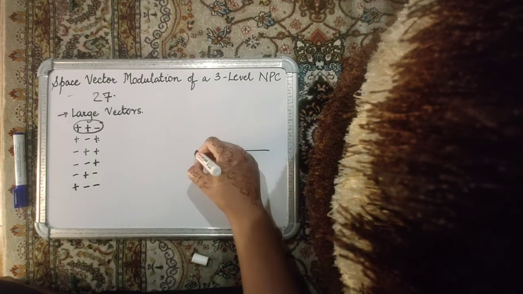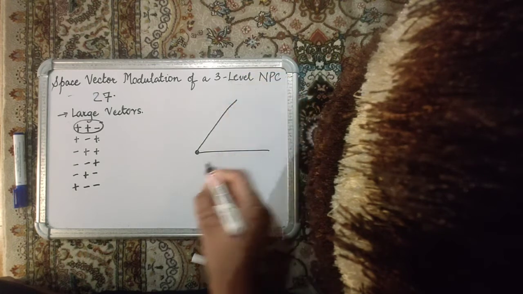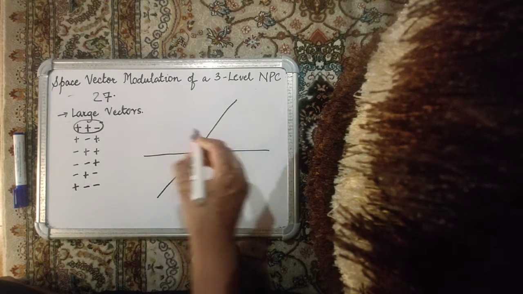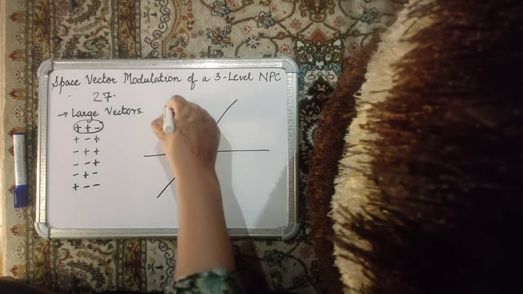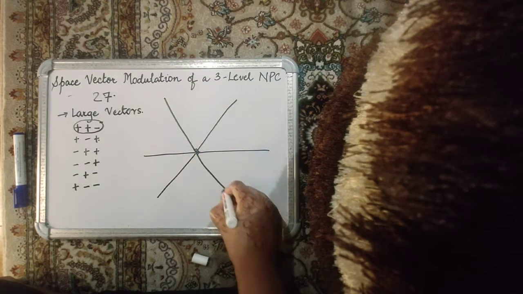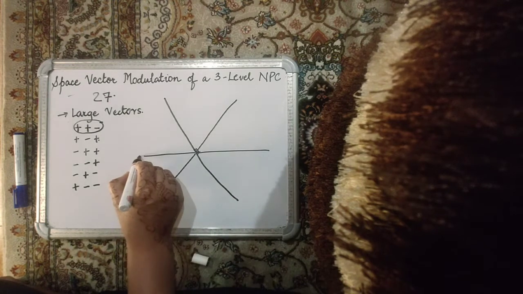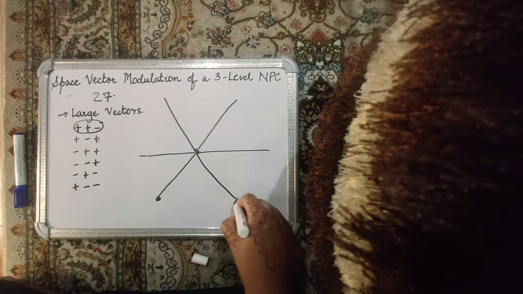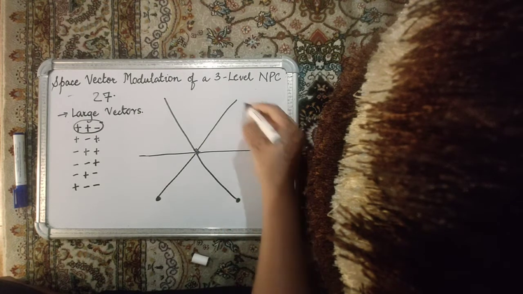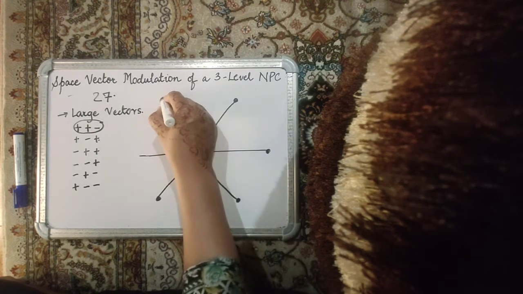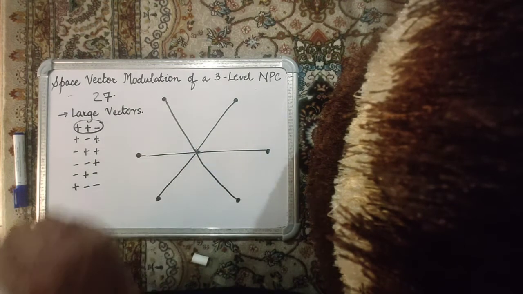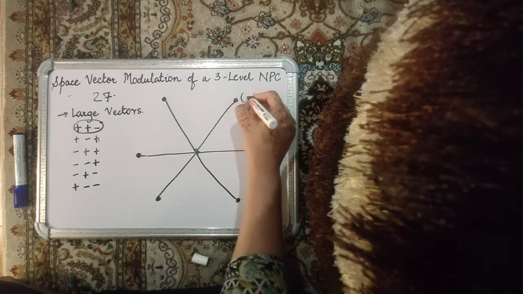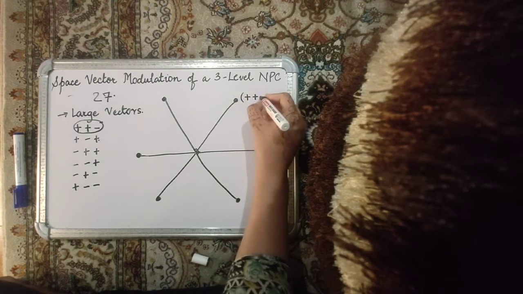So 1, 2, 3, 4, 5 and 6. These are the 6 corners of the hexagon which are occupied by the large vectors. We know that at an angle of 60, we just found out this particular switching state was plus, plus, minus.